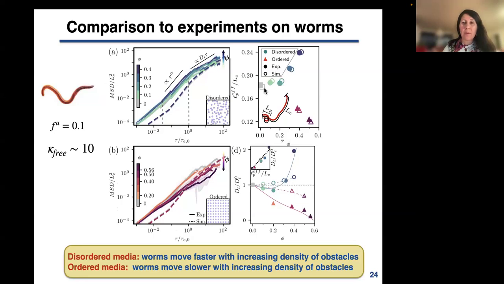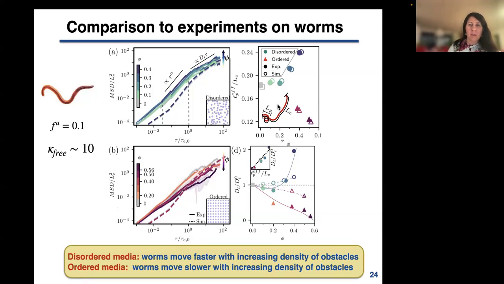So we chose a couple that matches the persistence lengths of the worms. And here you see the persistence lengths of the worms: the full symbols are obtained by experiments in ordered and disordered media, and the empty symbols are from simulation, where we have matched the couple to match the experiments.